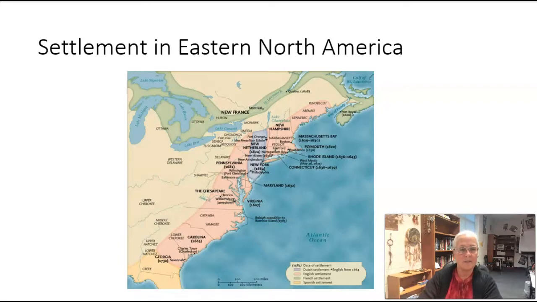This is going to shape the character of their colony by creating the church as the center of everything, to the point where you even had to be a church member to vote and could get kicked out if you disagreed with the church. And so you want to do the same thing with the middle colonies.